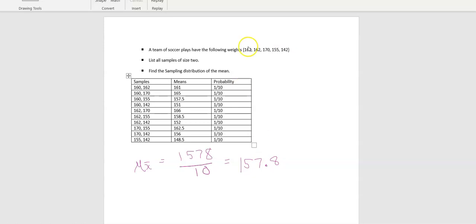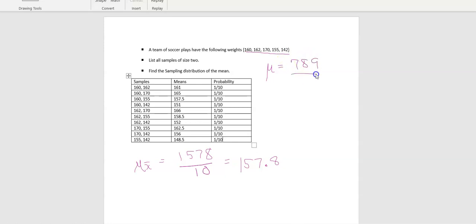Now, let's notice something though. Here was our original population. Let's just find the mean of that population. So in other words, let's just add up 160, 162, 170, 155, and 142 and divide by 5. So I'll add those up. That's 789.